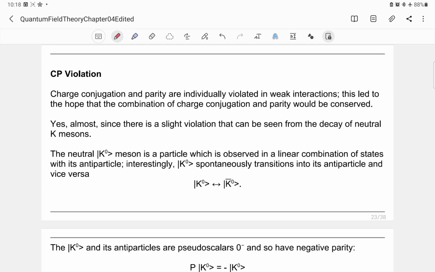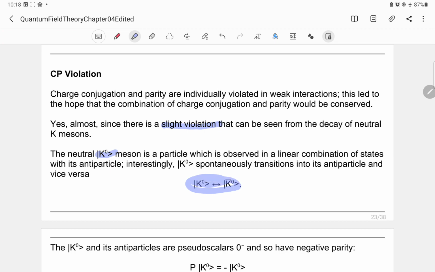Because there is a slight violation that can be seen from the decay of a neutral K meson. The neutral K meson state is a particle which is observed in a linear combination of states with its antiparticle, and interestingly, the K0 state, or neutral K meson, spontaneously transitions into its antiparticle and vice versa.